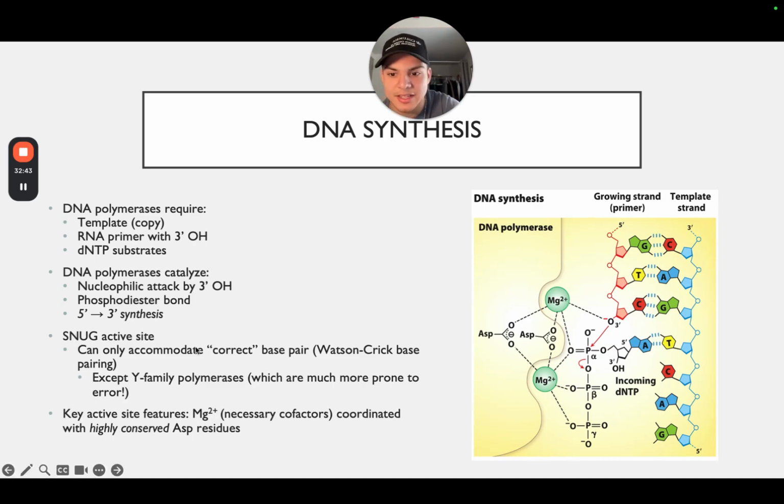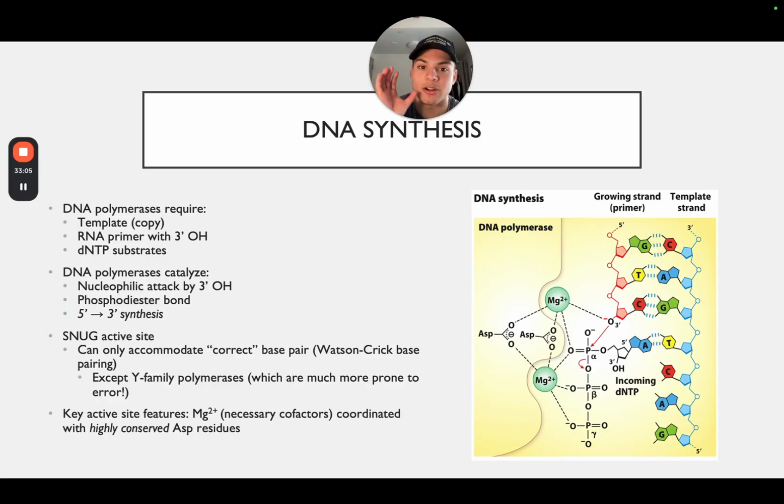And the snug active site, so this is talking about the active site of DNA polymerase. It can only accommodate correct base pairs, Watson-Crick base pairing, and the only exception is the Y family polymerases, which are much more prone to error, and we know it's been studied in the literature. And so this is just something you should know, is that the active site is very intentional in terms of what can fit in and what cannot.